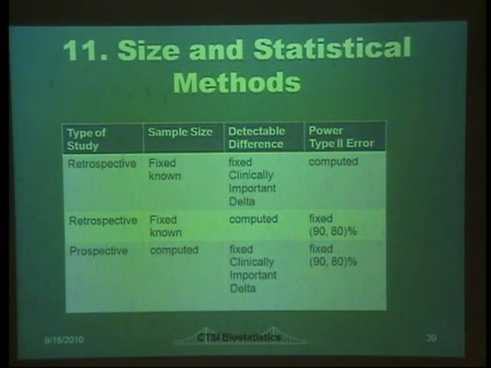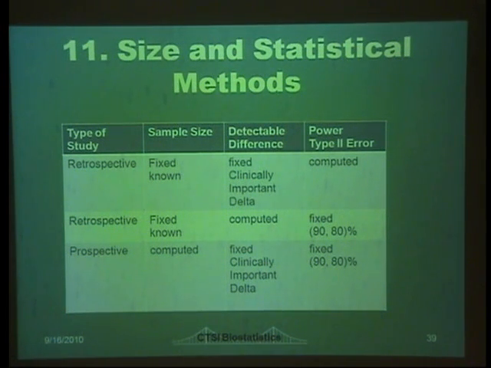Maybe we can only review 100 charts. So based on that, we can fix some clinically important quantity that we want to detect, and we can compute how likely it is that we detect that difference. That would be the type 2 error.